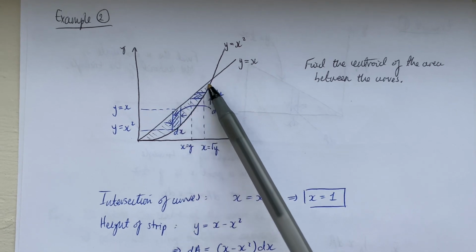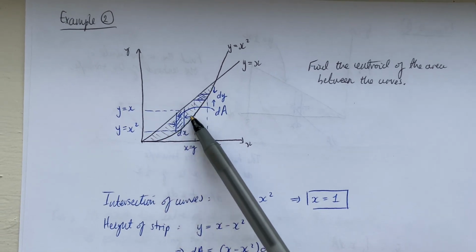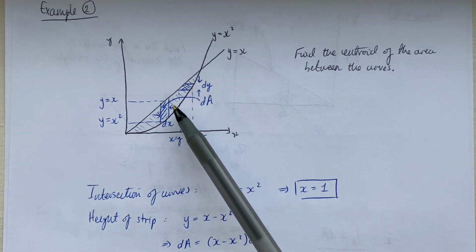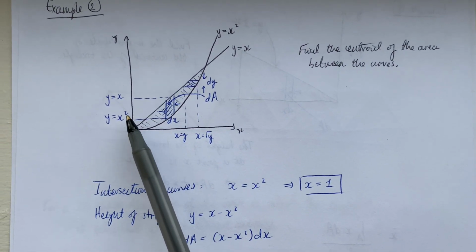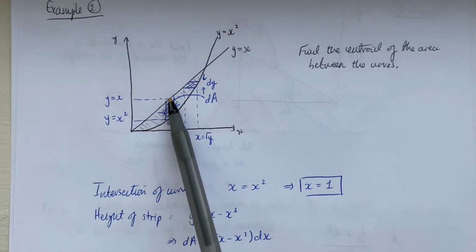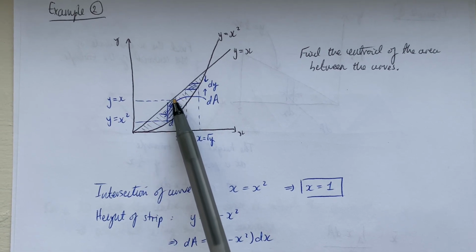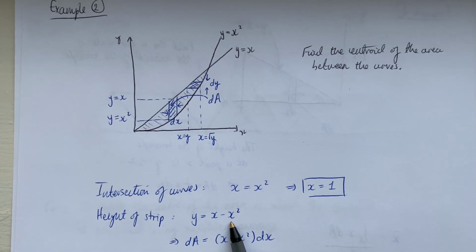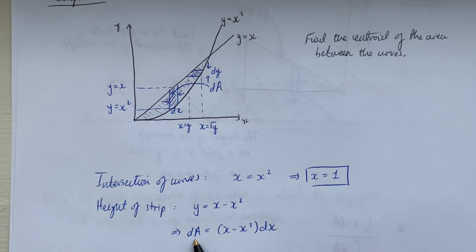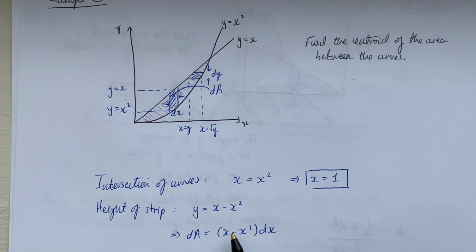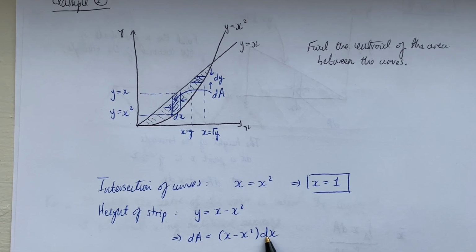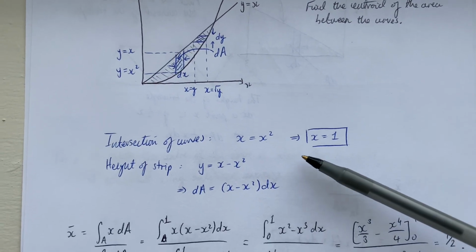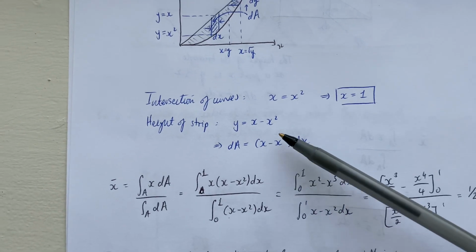So I always have the straight line on top and the curved line on the bottom. So the height of the strip at any given point is the position on the straight line subtract the position on the curved line, right? And therefore the area of each of the individual strips is just given by the width, which is dx, and the height.